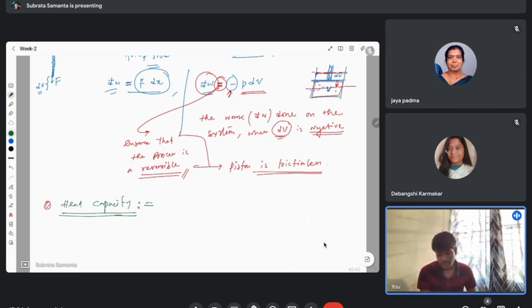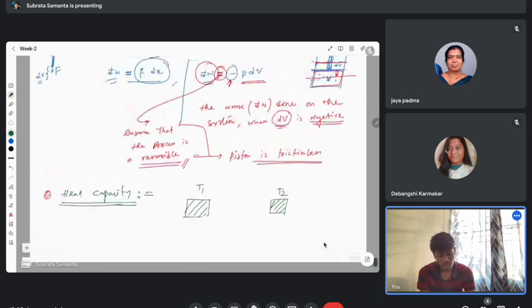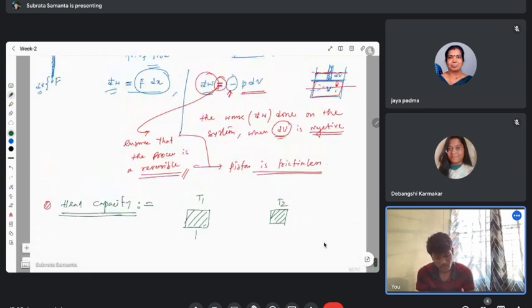Let's first do a simple problem. Suppose we consider two systems, one at temperature T1 and another at temperature T2. We add heat dQ to the systems, dQ1 and dQ2.